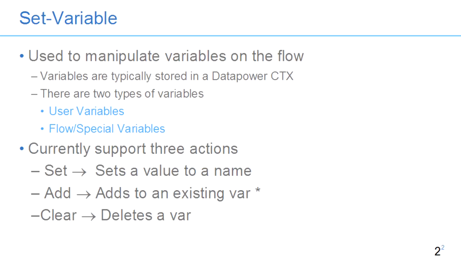Add on DataPower is mainly focused on headers, so you can add to the headers that are already there. For anything else, it kind of does a simple concatenation. It's something we plan on working on in a fix pack to see if we can get closer to the micro gateway implementation, because it's a bit smarter. And then clear simply deletes the variable.